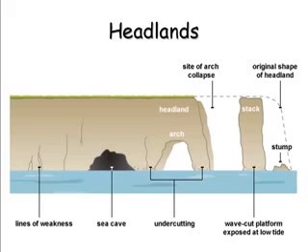It will start off with natural lines of weakness, natural cracks in the rock, which various types of erosion will exploit. To begin with, they can actually form as the cracks widen, a very tall, narrow, steep-sided inlet, which is called a geo, G-E-O, as in the first three letters of geography.